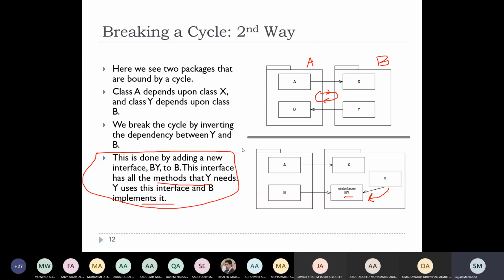Yes, Abdul Majid, you want to say something? With the interface being in package B, does this satisfy the cohesion principle? Of course you can always move this interface here. It doesn't matter. That's a good observation.